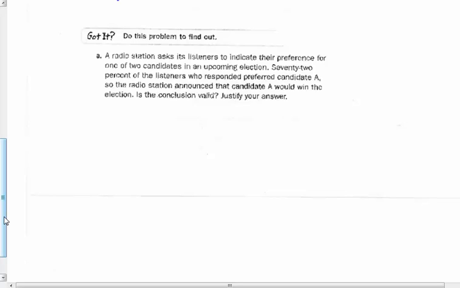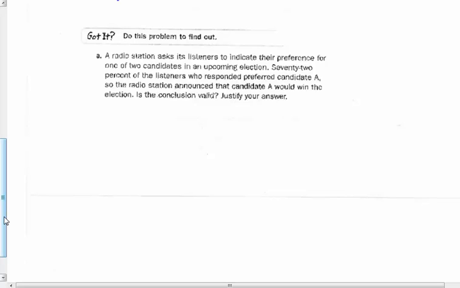Got it? A radio station asks its listeners to indicate their preference for one of 2 candidates in the upcoming election. 72% of the listeners who responded preferred candidate A. So the radio station announced that candidate A would probably win the election. Is this conclusion valid? Justify your answer.